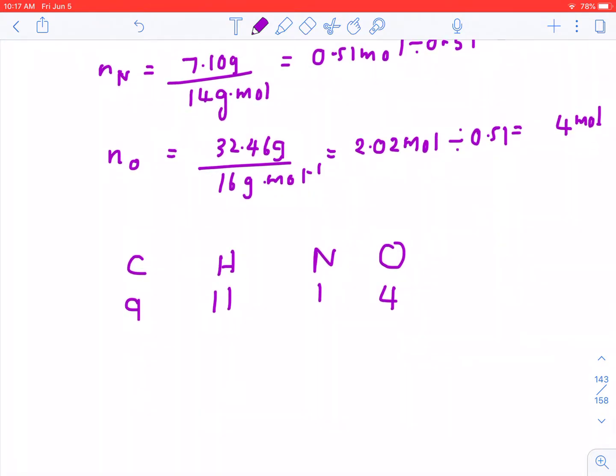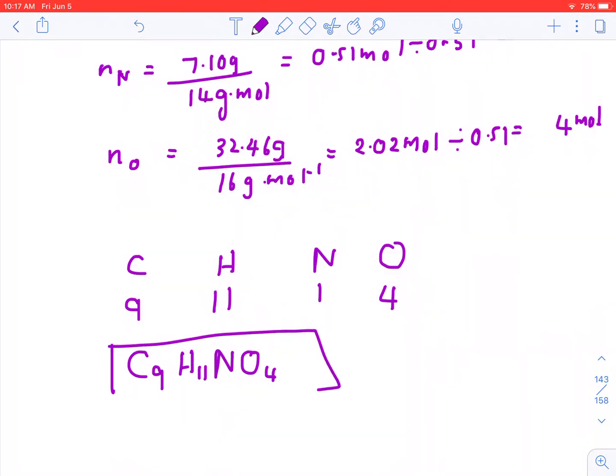So it would be C9H11N1O4. That is the empirical formula for this compound.